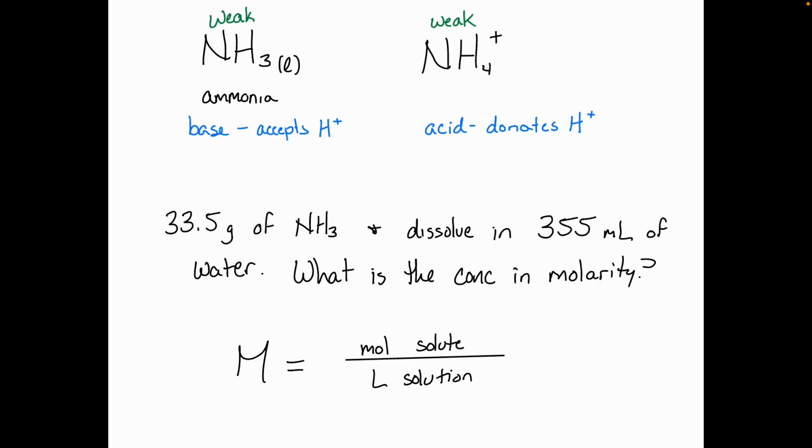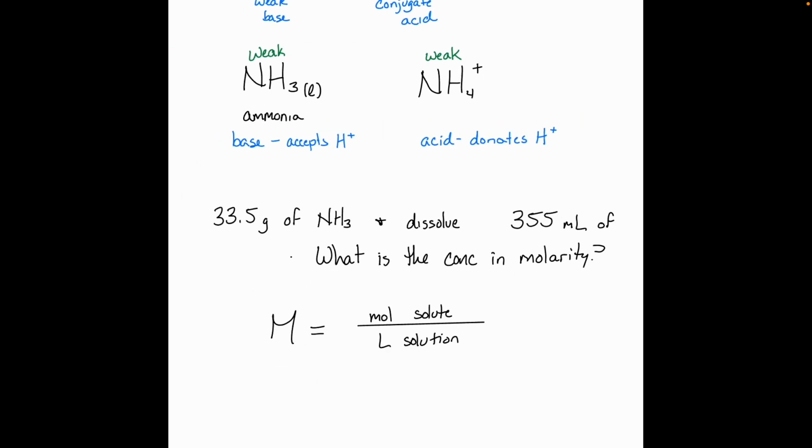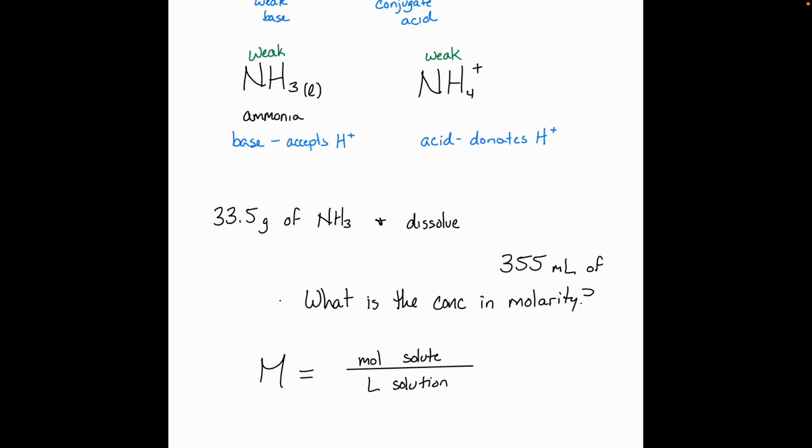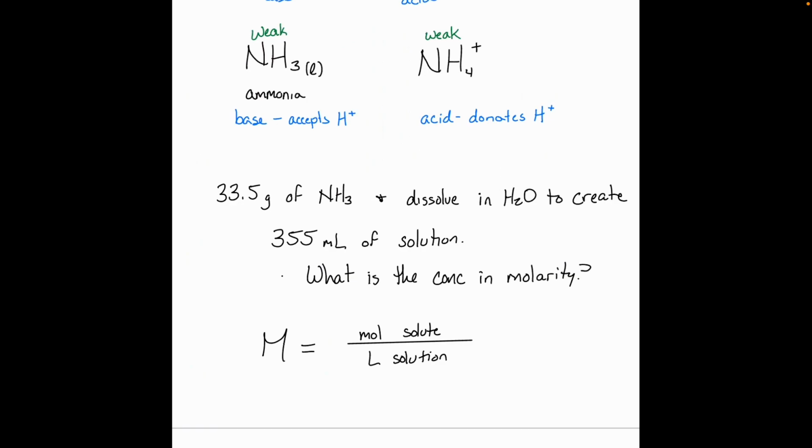So actually, I have to be careful about my wording here: 33.5 grams dissolved in H2O to create 355 mL of solution. So that's my total volume here, 355. Okay, so what is the concentration in molarity?